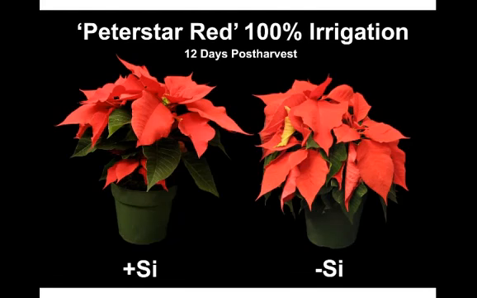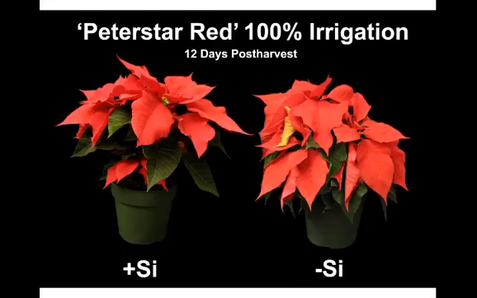Another experiment that we did was done by a former postdoc in my lab, Roland Leatherwood. We grew poinsettias in a greenhouse with silicon. This was another case where we gave silicon at about 50 parts per million, just as part of the standard fertilizer regime.